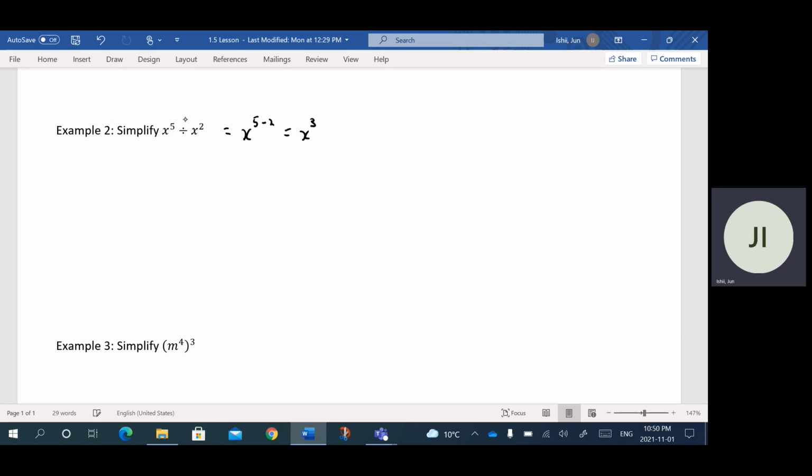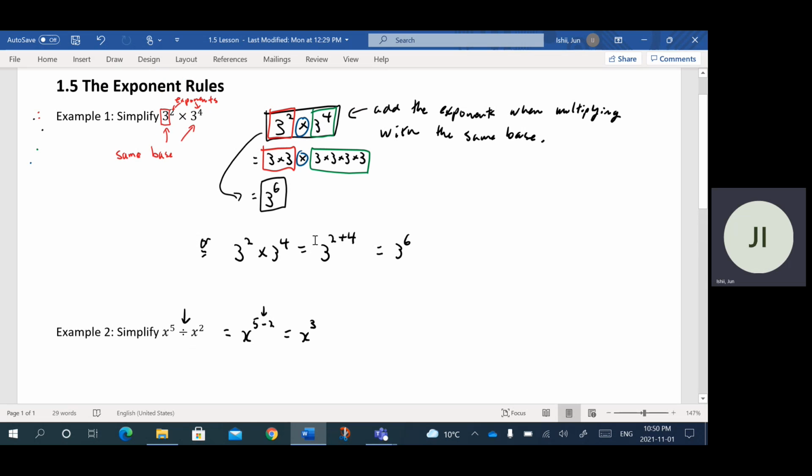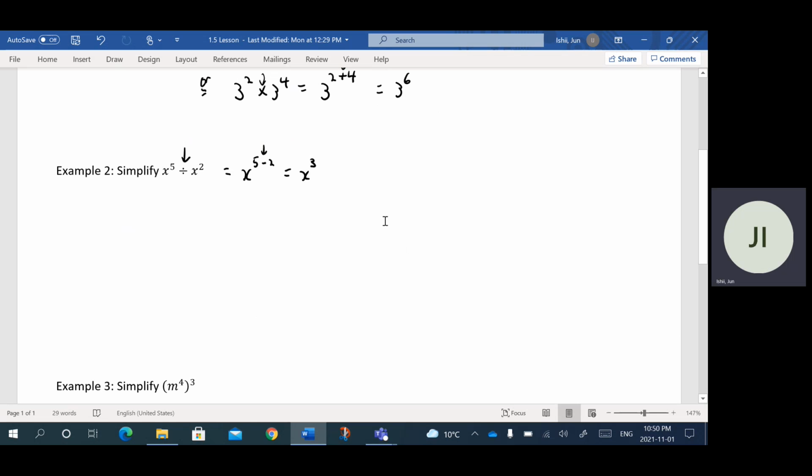Whenever you're dividing, you subtract the exponents. Whenever you're multiplying, you add. Again, I'm going to show you why.